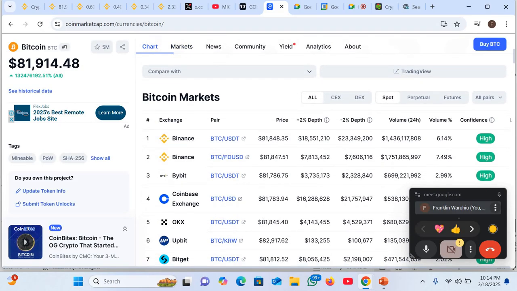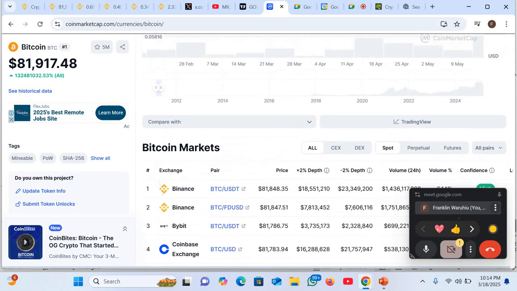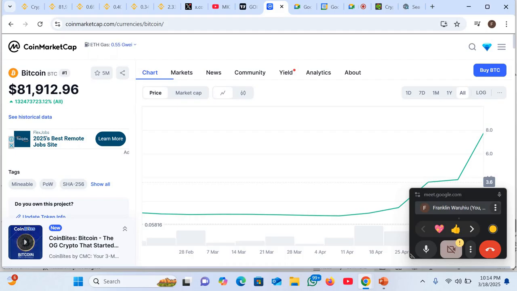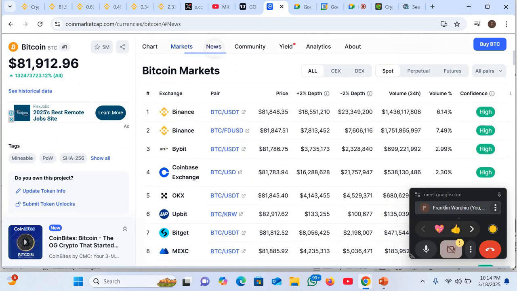So it is very important for you to also understand where to buy Bitcoin and how to buy Bitcoin. And I believe Wanjiku was able to take you through and you were able to cover that. So I've already covered the markets.